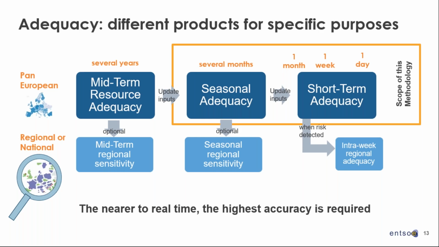And this will be triggered, especially when there is a risk detected at pan-European level, to go through the details and have a much higher granularity here. For instance, considering the different grids and countermeasures. So the nearer we are to real time, the higher the accuracy of detail we need.